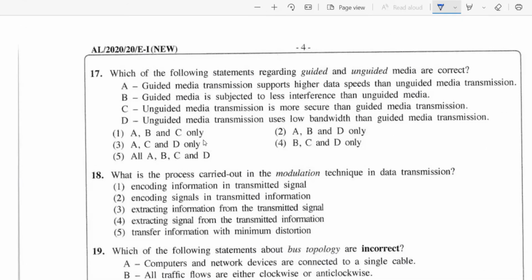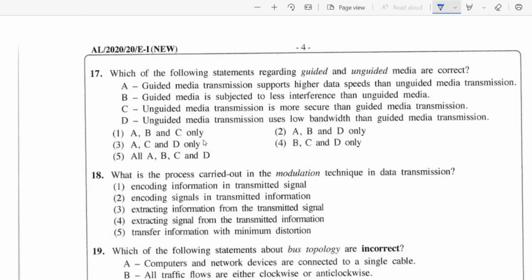Then number 17. Which of the following statements regarding guided and unguided media are correct? A, guided media transmission supports higher data speeds than unguided media transmission.